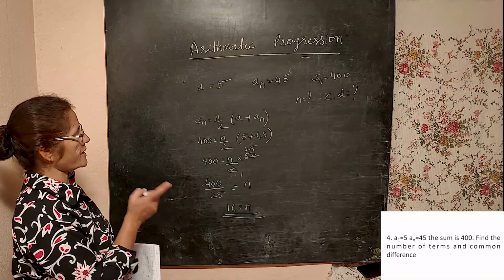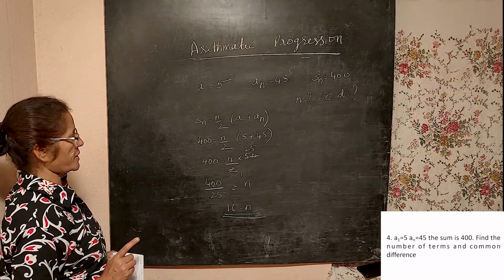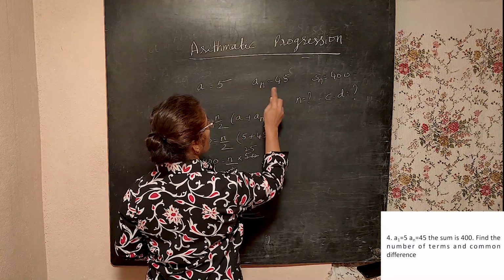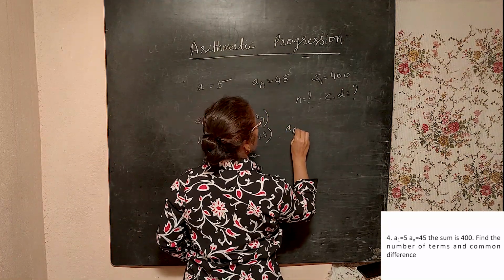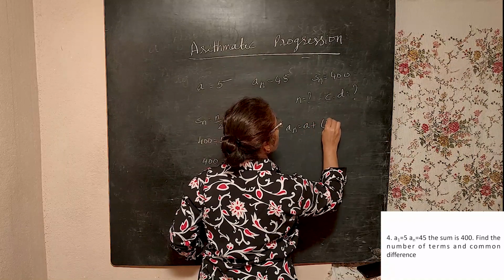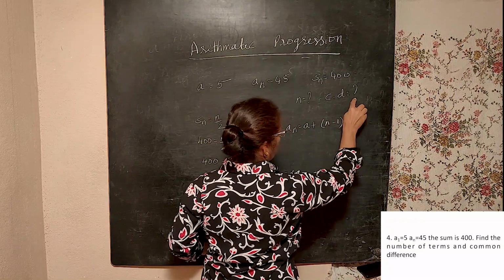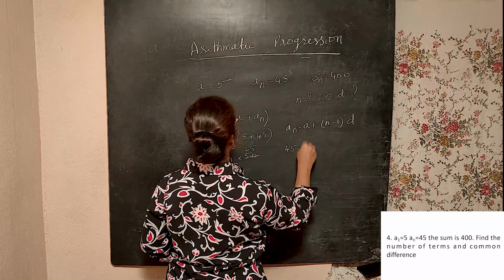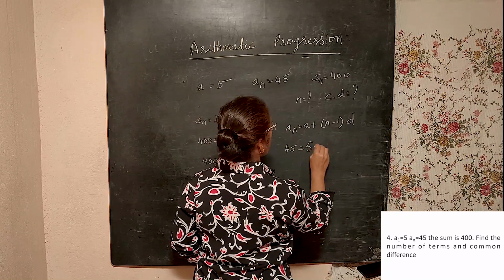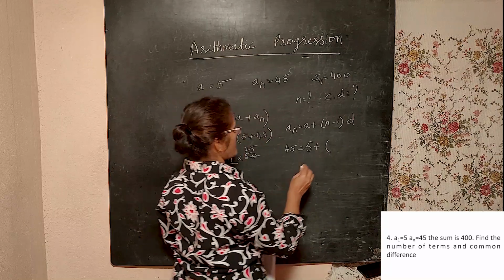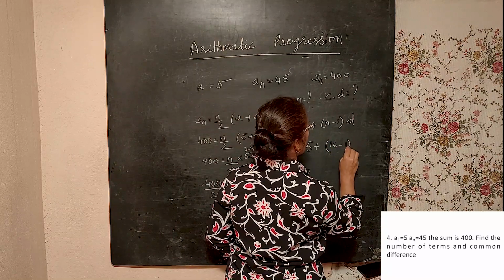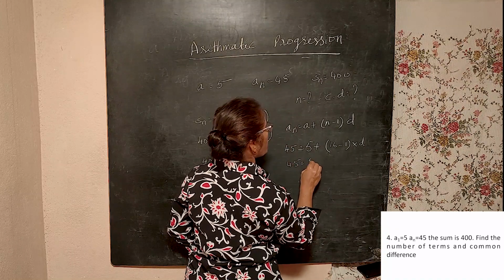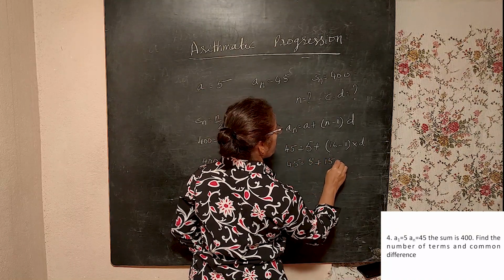Once I know the value of n is 16, I can use the formula An = A + (n − 1) × d, and I can find out d. What is An? 45 = 5 + (16 − 1) × d. So 45 = 5 + 15d.